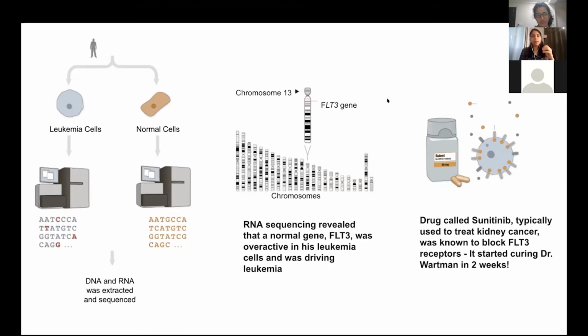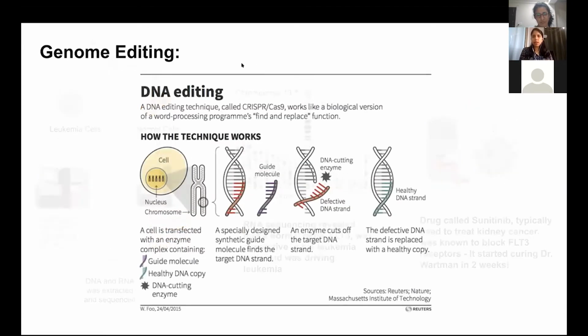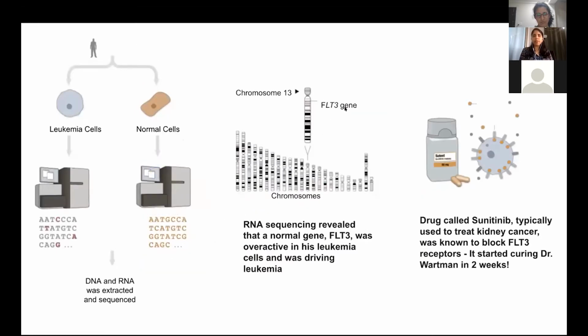So it may happen that you know that your DNA is coding for, let's say, the FLT3 gene on chromosome 13. If you just looked at the DNA, you'd say, yeah, okay, I have an FLT3 gene, the sequence is there, and you will just assume that it is also expressed in your body. But if you did RNA sequencing, you might realize that your FLT3 gene is actually underexpressed or not expressed at all.